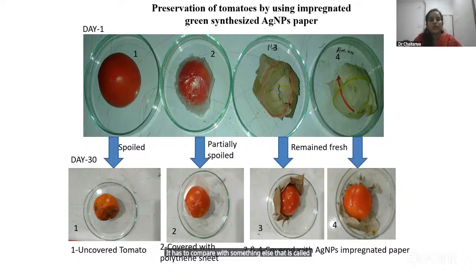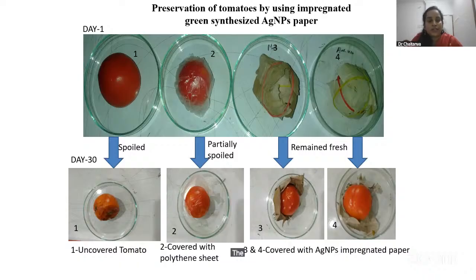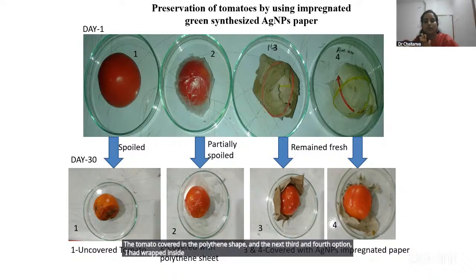So here what I did, one tomato I took out and left it like that without covering with anything. And the second option, the tomato covered in the polythene sheet, and the third and fourth options I had wrapped inside the paper which got coated with the nanoparticles. So I left the tomato at room temperature itself for 30 days.